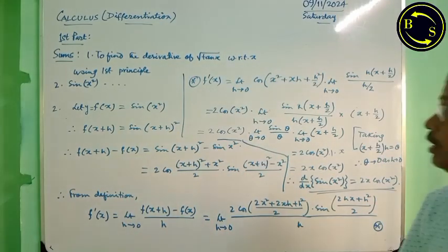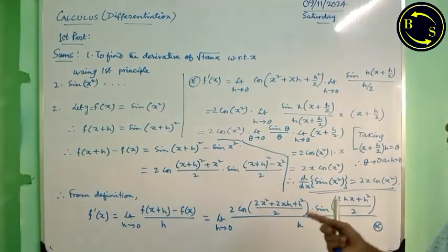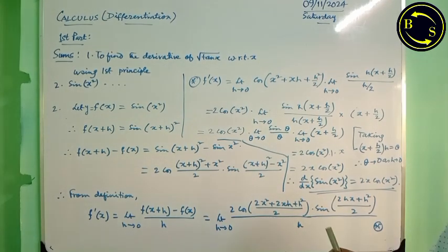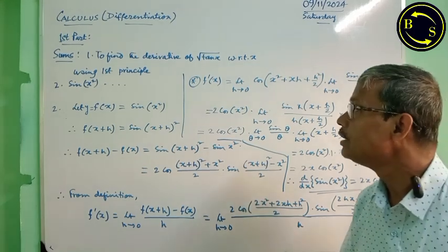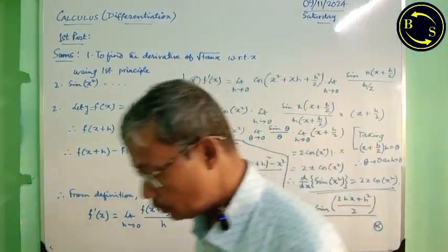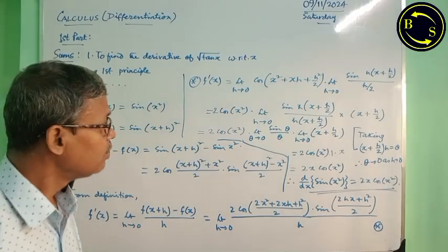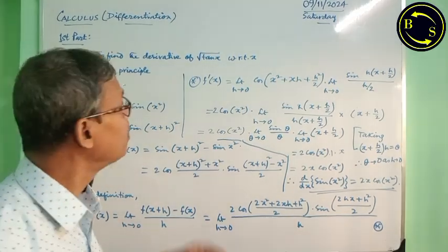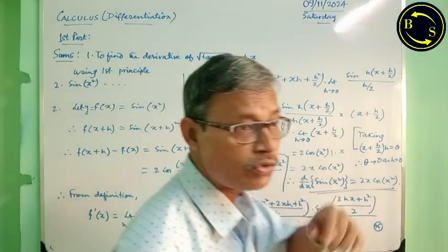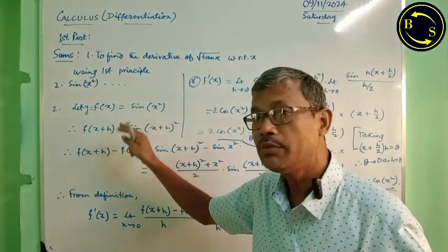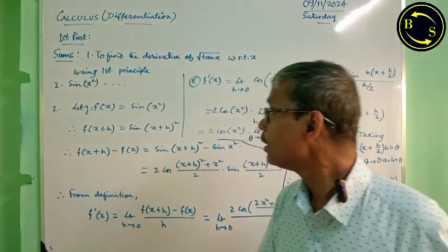Therefore (x plus h) whole square will be taken as u plus k, and you can proceed to find the derivative of sine of x square as discussed earlier. Therefore we have discussed here how to find the derivative of some, say, complicated function. We can call this a bit complicated one with the help of definition.